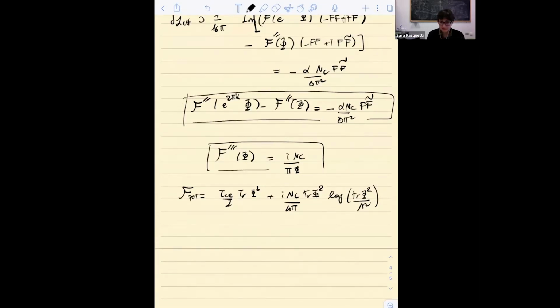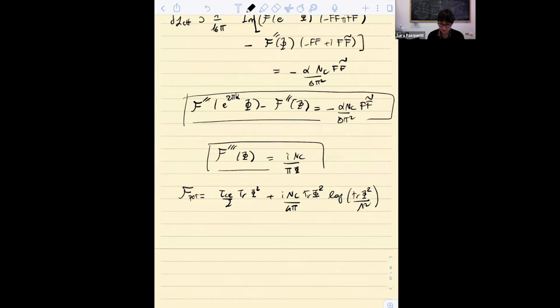Now, notice if we want to play our usual spurious symmetry game. Basically what we have done now is find the perturbative part by requiring it to be consistent with the anomalous shift of the theta angle, which is a consequence of the anomalous rotation.